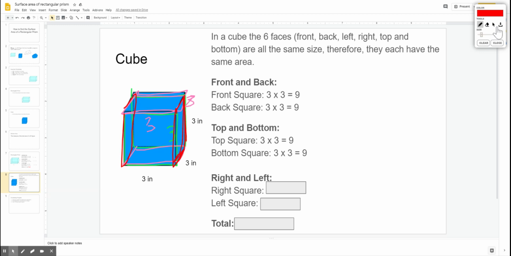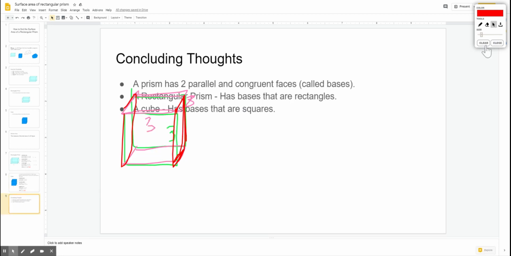So 3 times 3, which gets you 9. So the right square is 9, the left square is 9, which means that all this added together, so 9 plus 9 plus 9 plus 9 plus 9 plus 9, or 9 times 6, will get you 54 inches squared.